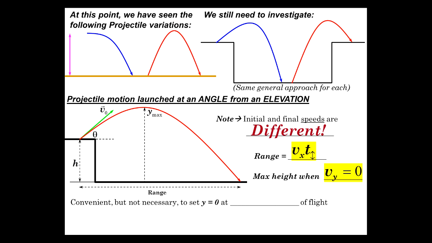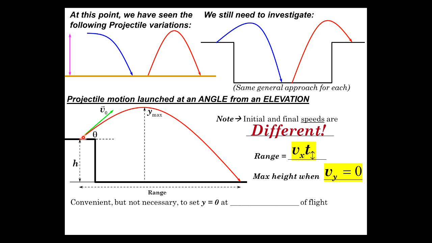And then I want to make note that I am going to be using my starting point as Y0 equals 0. It's totally valid to, on the ground, call that Y equal to 0, but that's not Y0.